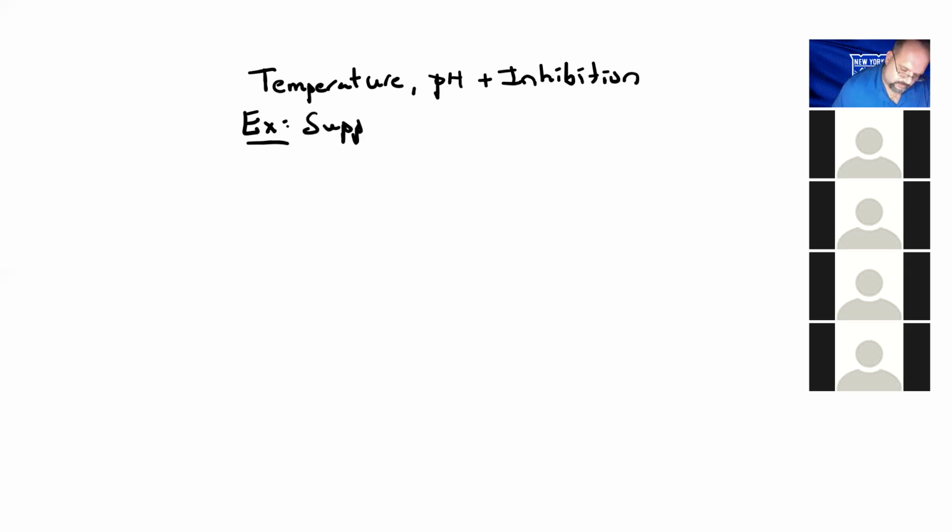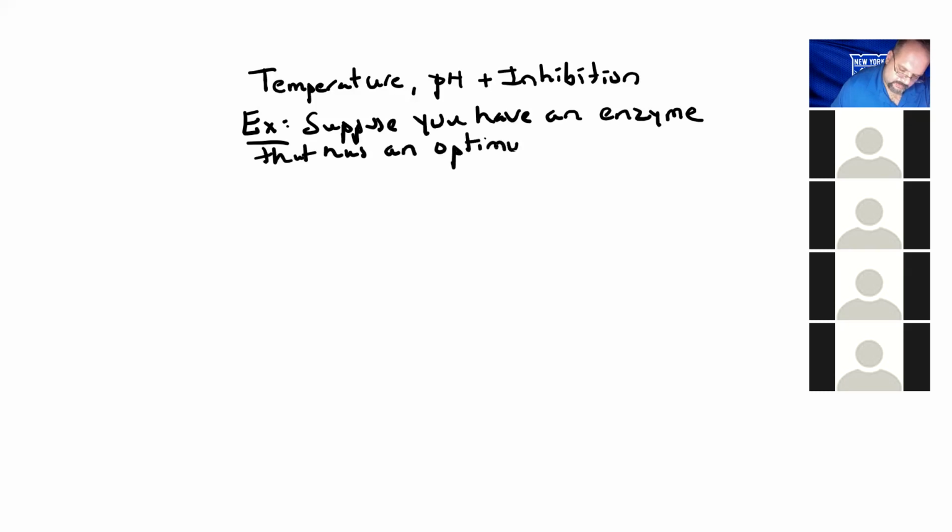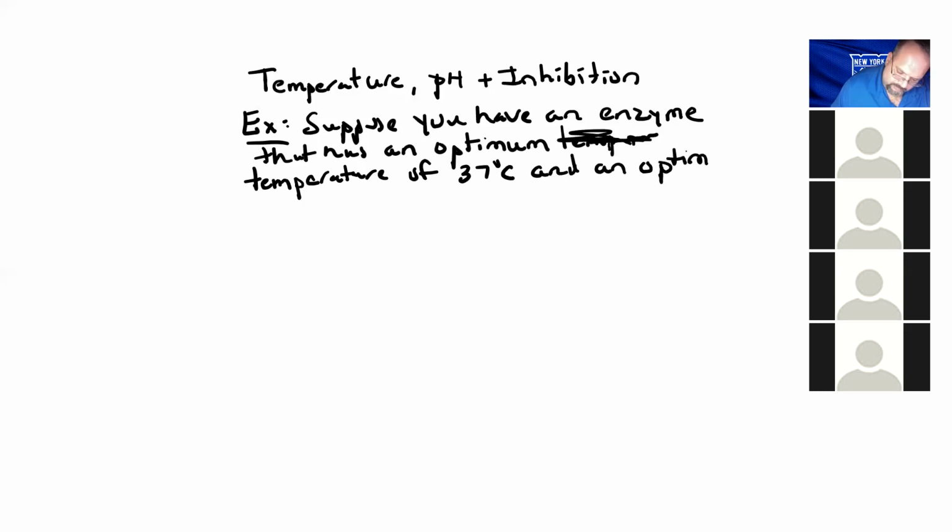Suppose you have an enzyme that has an optimum temperature of 37 degrees Celsius and an optimum pH of 8.0.